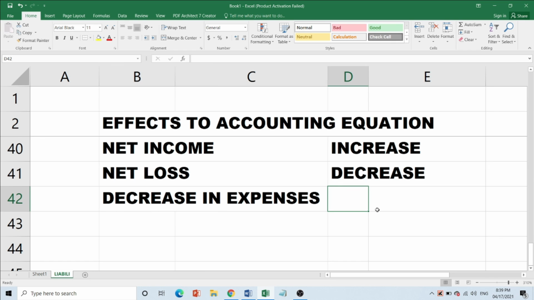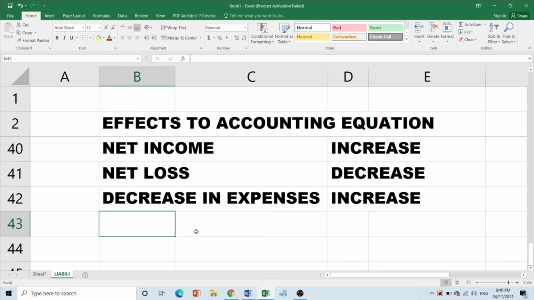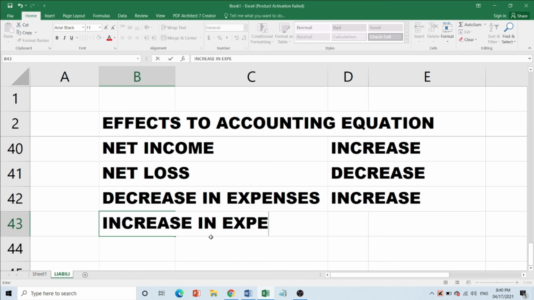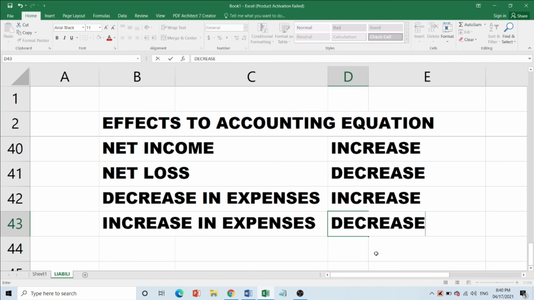Ano ang mangyayari niya? So, kapag bumaba ang ating expenses, ang mangyayari niyan, tataasan natin, kasi maliit ang amount ng expenses na ating i-deduct doon sa revenue natin. Increase in expenses will of course decrease the equity. Okay?